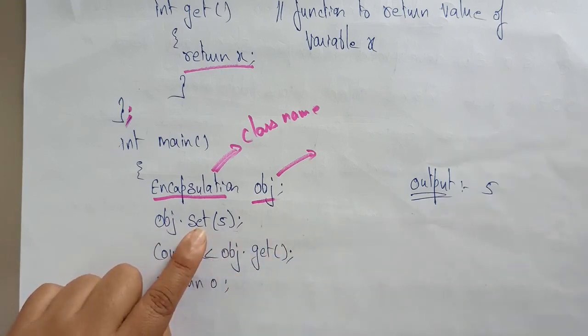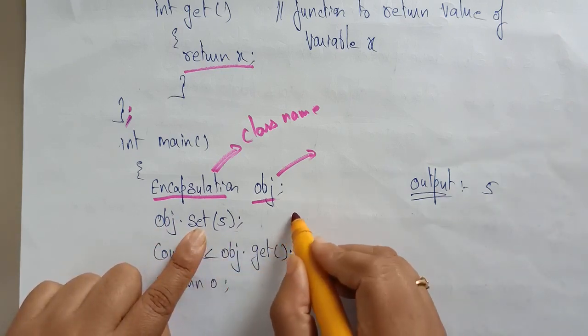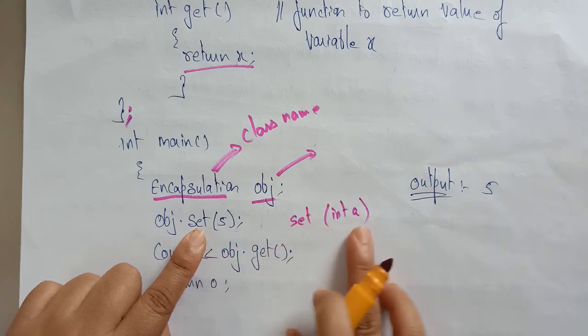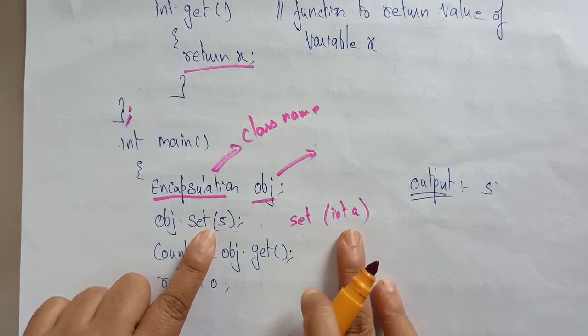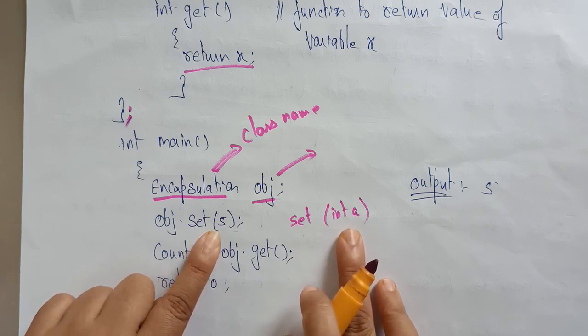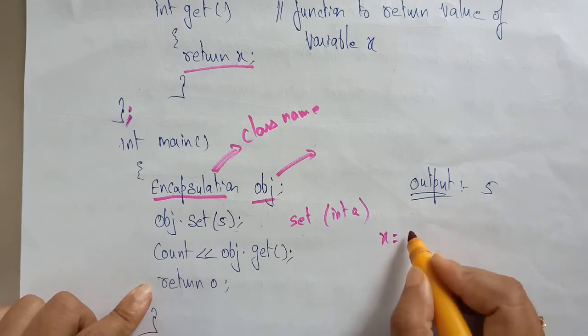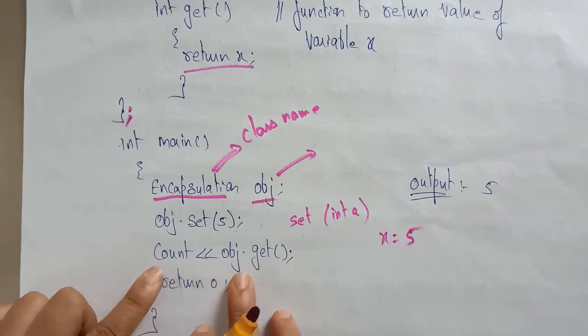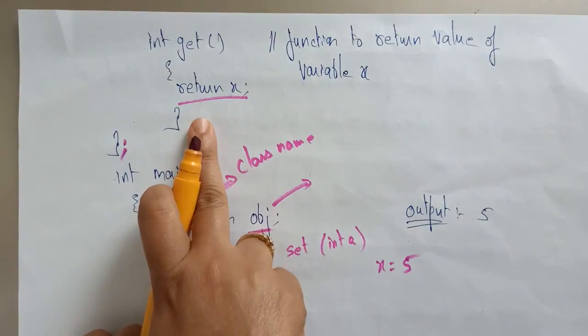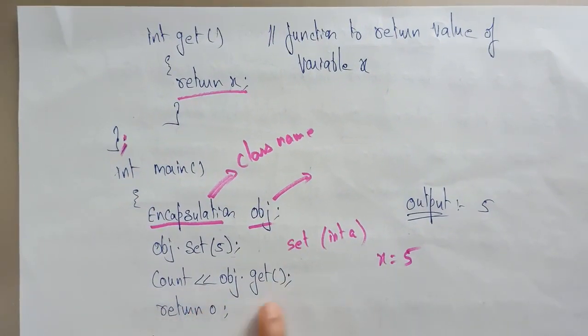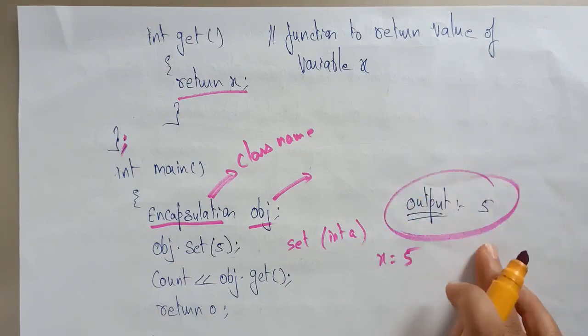What is the set function? It takes int a. In place of a, I'm writing 5, so that 5 is assigned to the x value. Now x contains 5. Now I want to get it, that is, return it. Object dot get, so the value 5 will be printed as output, and return 0.